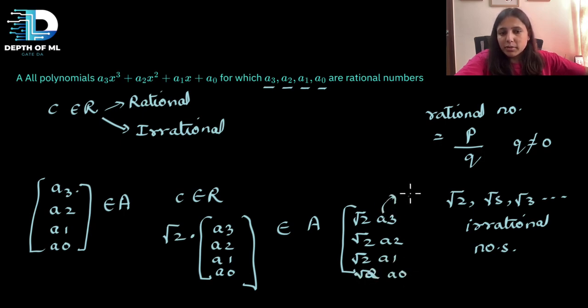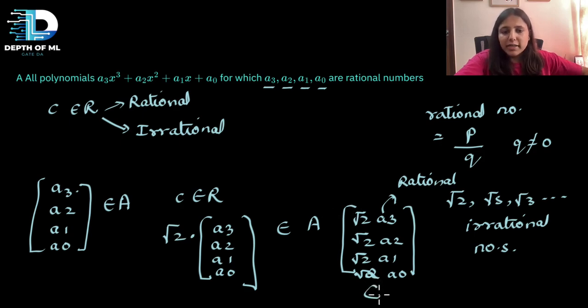We already know a3, a2, a1, a0 are rational numbers, because this vector is already in the set A. I'm calling it a subspace, but we have still not proved that it's a subspace, so that's not the right way to say it. The correct way is to say it's a set of vectors. Because this vector was already in the set A, a3, a2, a1, a0 are rational numbers. When you multiply a rational number with an irrational number, you get an irrational number, right?